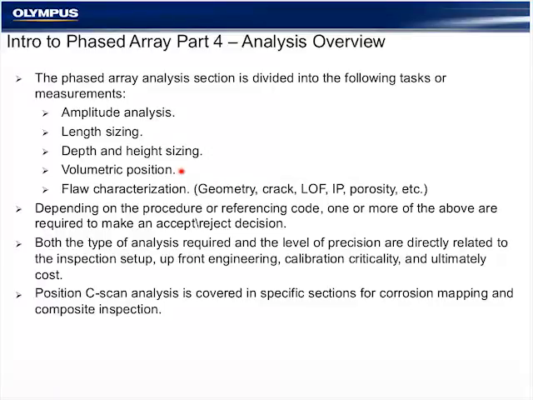Volumetric position would mean, is it on the center line of the weld, or is it to one side or the other? Is it embedded in the weld, or is it connected to the outside or inside surface? Is it in the weld, or is it outside the weld in the heat affected zone?